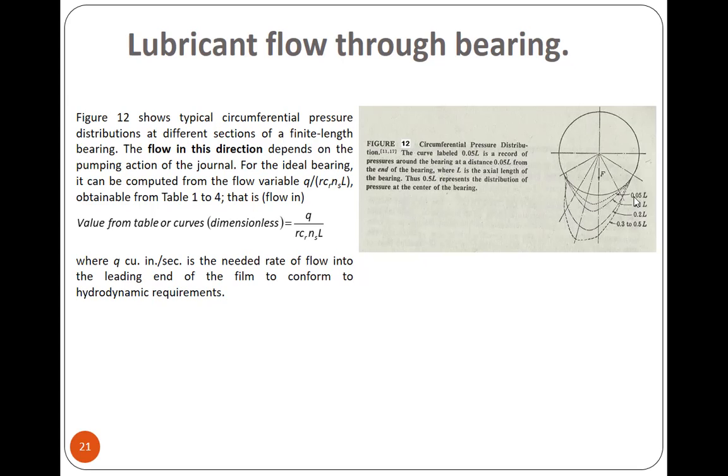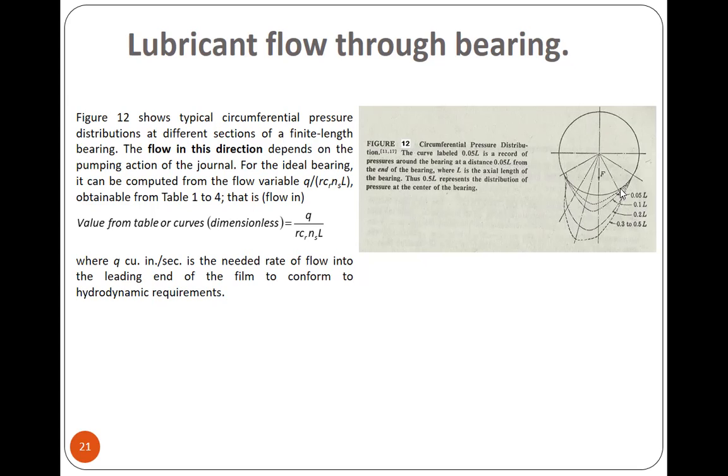The curve labeled 0.05 L from the end of the bearing, where L is the axial length of the bearing, perpendicular dito sa papel o sa screen. Thus, 0.05 L represents the distribution of pressure at the center of the bearing.